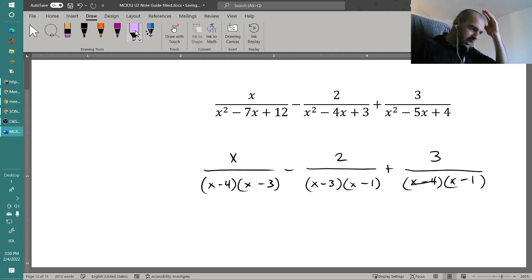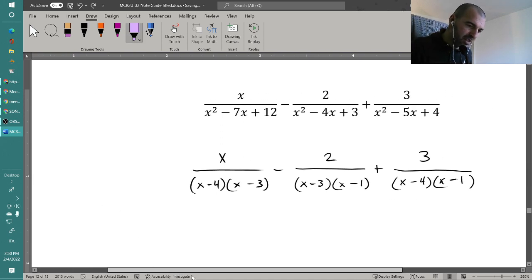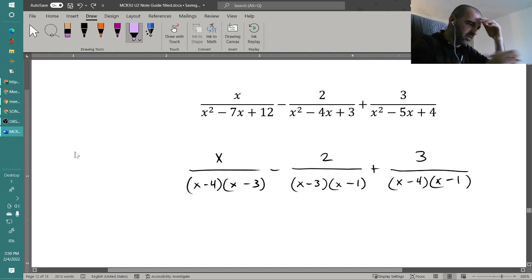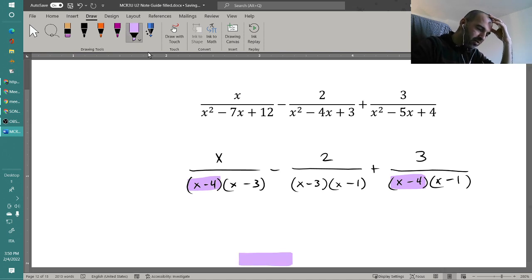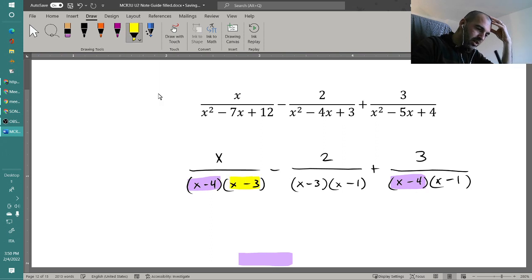Look at what they've done for us here. They've basically given us a free pass, and they're just giving us some of the same factors, okay? So that factor needs to get written in my denominator. The yellow factor should get written in the new denominator.